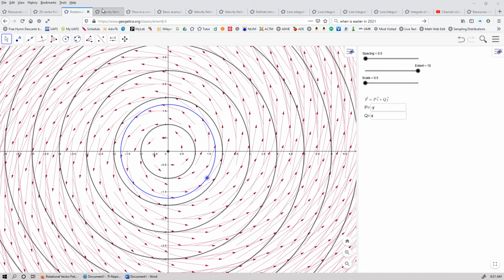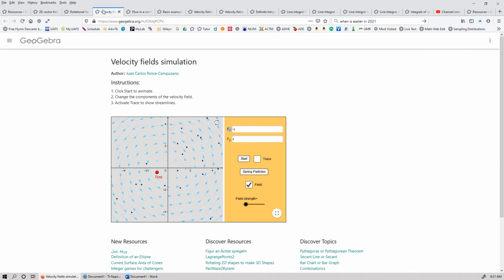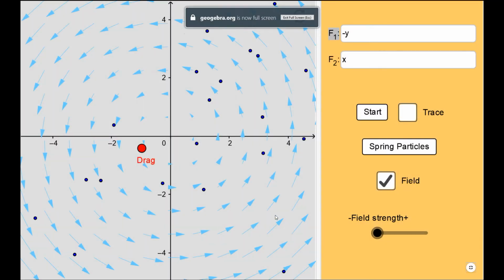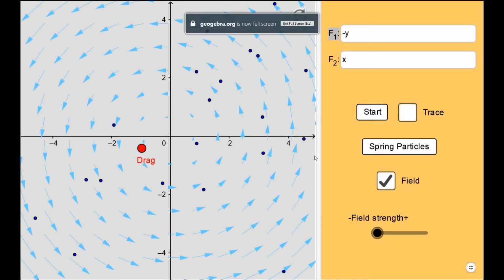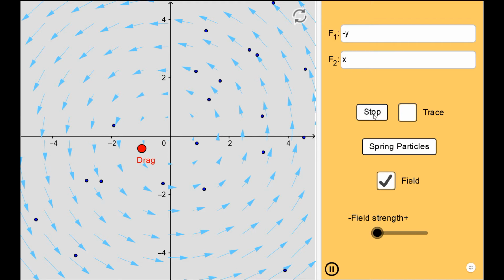Okay, I'm actually going to go to this one here. This is the same vector field, negative y, x, different thing here. Notice these vectors are getting longer as you go out, so the speed is actually getting bigger. But this one allows us to put these particles in motion, and you can see them moving around.